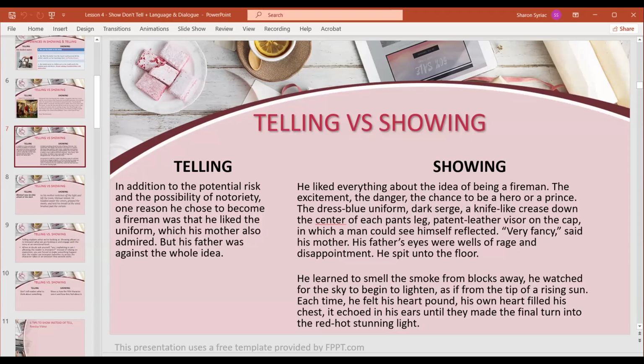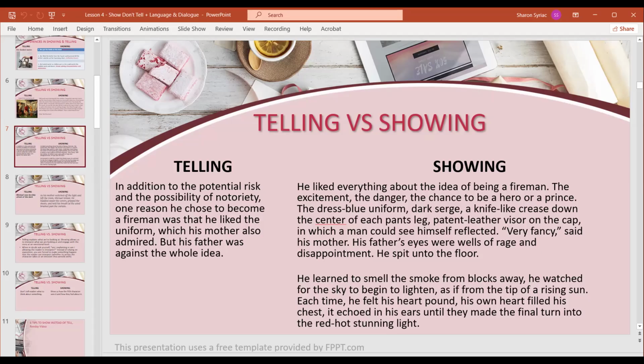No, this is Showing. He liked everything about the idea of being a fireman, the excitement, the danger, the chance to be a hero or prince. The dress blue uniform, dark serge, a knife-like crease down the center of each pants leg, patent leather visor on the cap, in which a man could see himself reflected. Very fancy, said his mother.